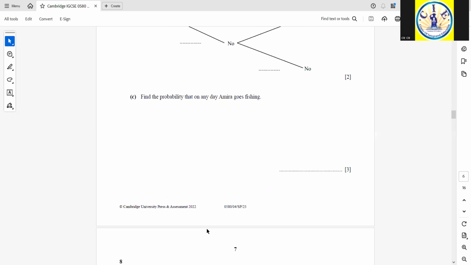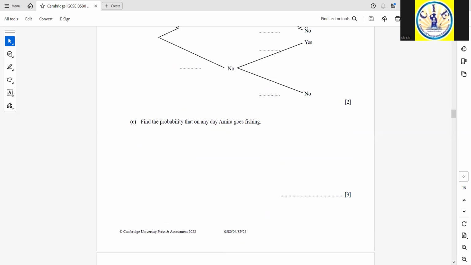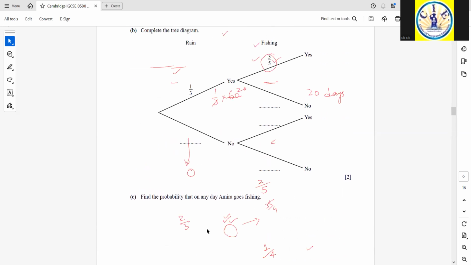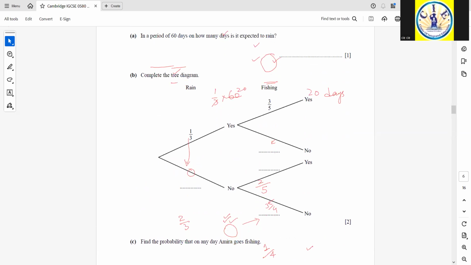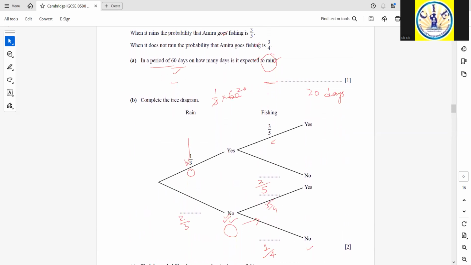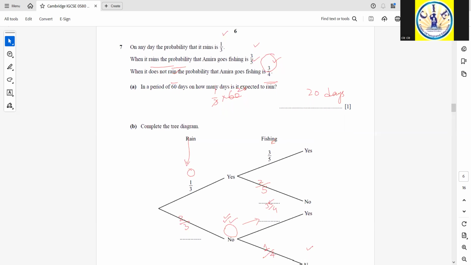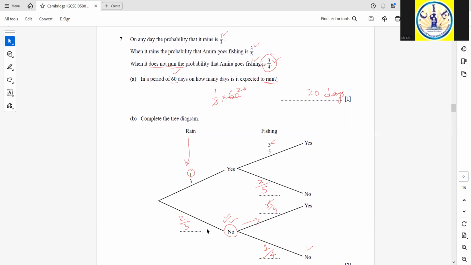Then find the probability that on any day Amira goes fishing. Okay, for fishing, Amira has 2 possibilities: that it rained and she went fishing, or it did not rain, and she went fishing.